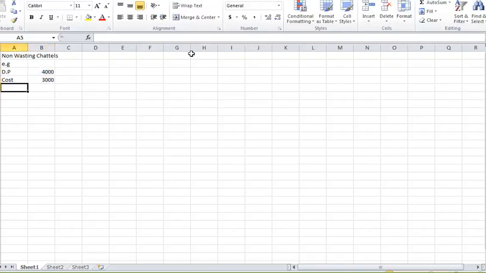But because the cost is less than £6,000 and selling price is less than £6,000, the solution is it is exempt, because cost and selling price both are less than £6,000.